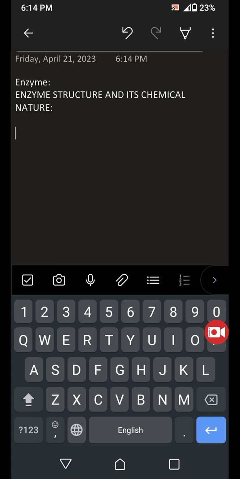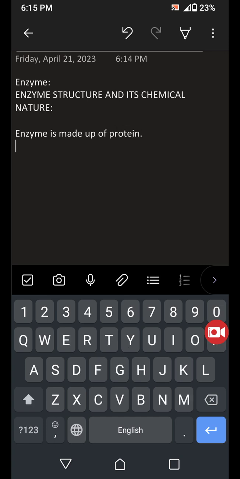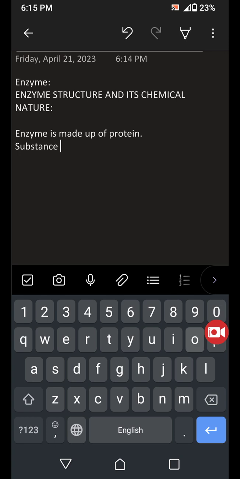So okay, let's start. As you know, the main characteristic of the enzyme is that it is made up of protein. Enzyme is made up of protein, and the substance on which the enzyme works is known as the substrate.